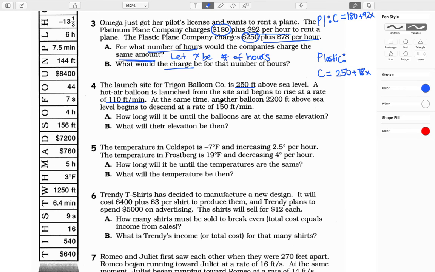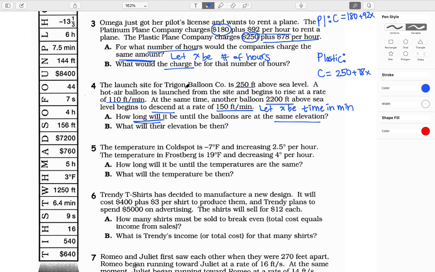At the same time, another balloon, 2,200 feet above the sea, descends at a rate of 150 feet per minute. So the question is, how long will it take until the balloons are at the same elevation? So they're asking how long. So our let statement will be let X be the time in minutes.